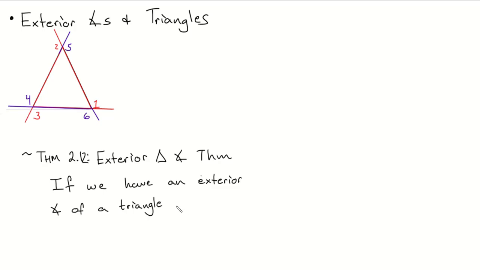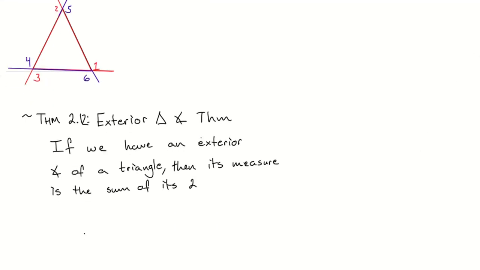If we have an exterior angle of a triangle, then its measure is the sum of its two, and I'm going to sneak in a vocab here and we're going to make sense of it. If we have an exterior angle of a triangle, then its measure is the sum of its two remote interior angles.